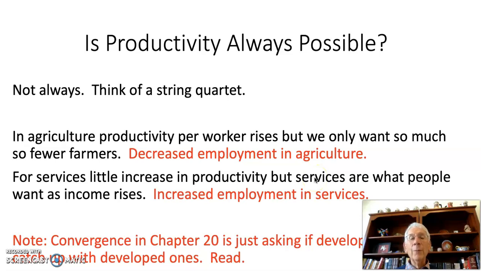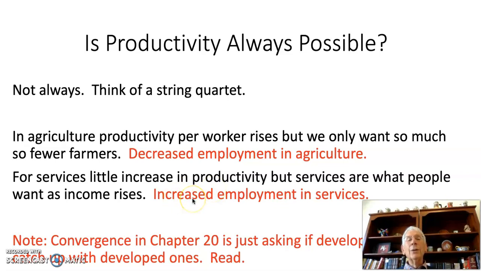Remember what we said before? The United States is pretty much a service economy. As the economy develops and productivity increases, we need fewer people in agriculture. The number of farmers has declined over the years. If you go back to 1900, 50% of Americans worked on farms. Today, the figure is about 2 to 3%. But that's why employment has increased in services. In part, people want them, and it's hard to increase productivity.